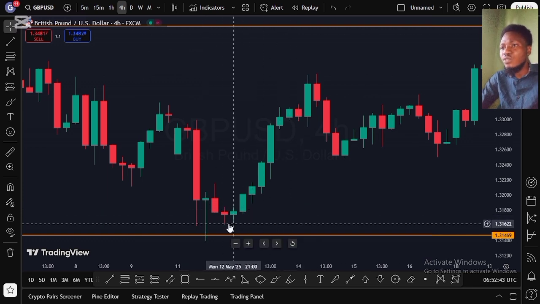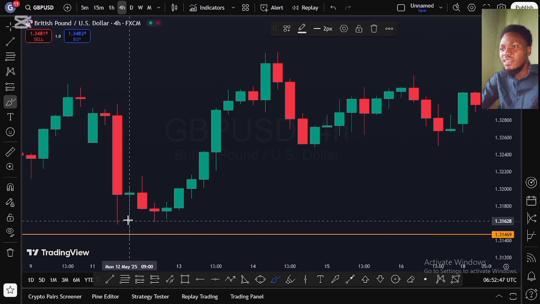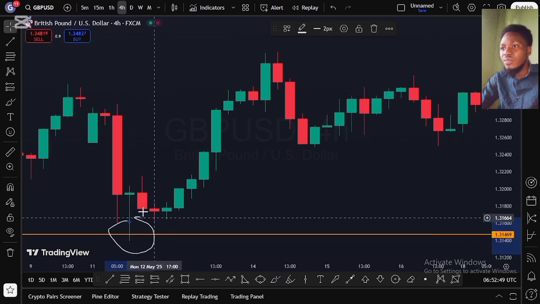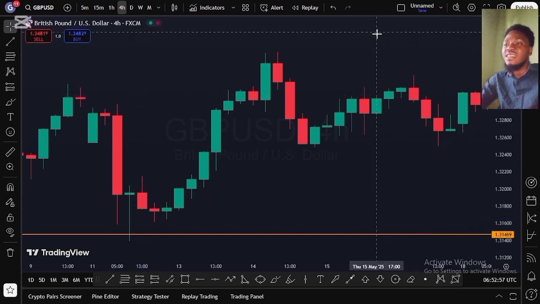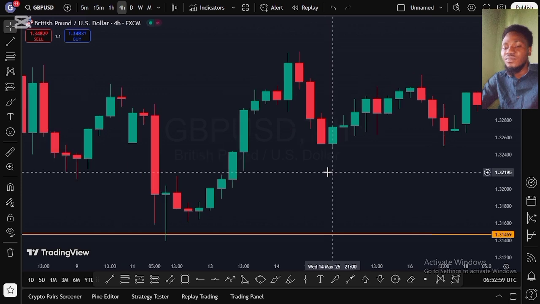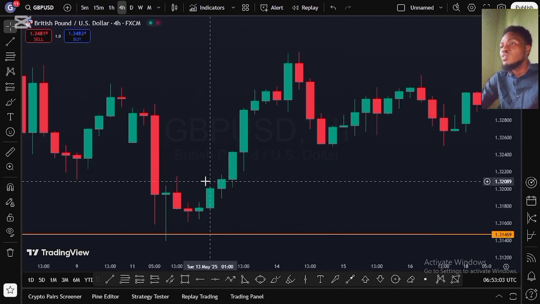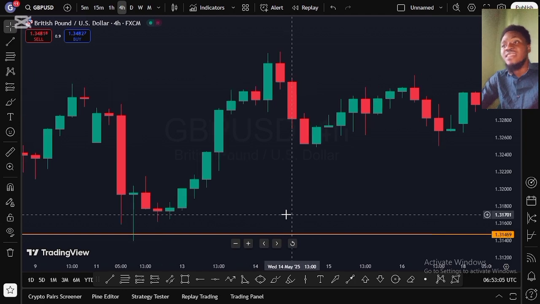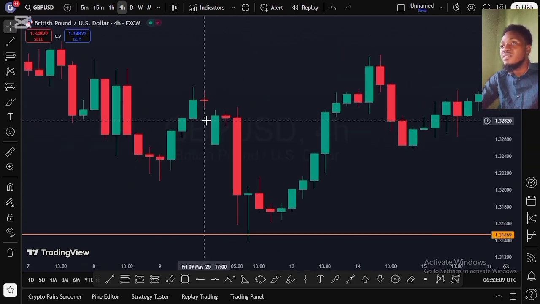So you could see that this candle was this big, but it started getting chopped off from this level until it was able to close here. Now what you'll be seeing here is a battle between buyers and sellers. That's why the colors are red and green, just to differentiate them. So it's a battle between buyers and sellers. Sellers took control of the market.